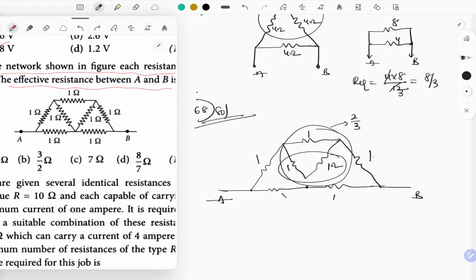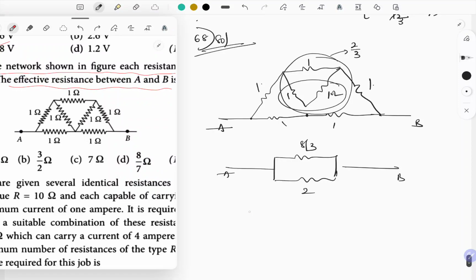This 2 by 3, 1, 1, these are connected in series. Resultant is 2 by 3 plus 2, it's going to be 8 by 3. So now this remaining circuit can be replaced like this. So this is 8 by 3 and this is 2, A, B. Now 8 by 3 and 2 are connected in parallel, then R equivalent is equal to 8 by 3 into 2 divided by 8 by 3 plus 2, which will give you the answer.